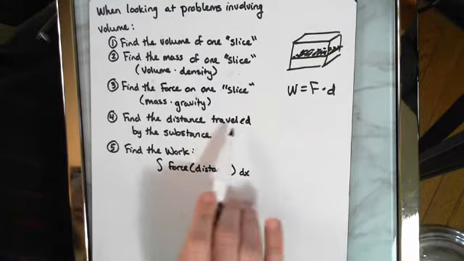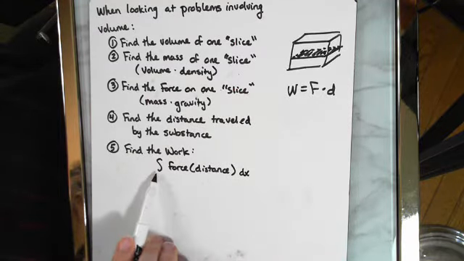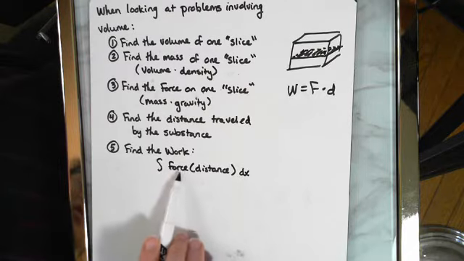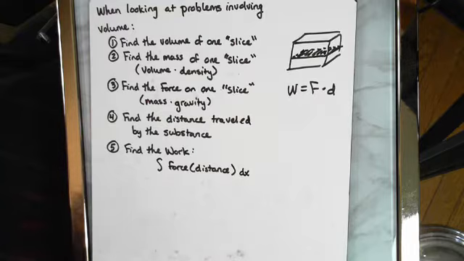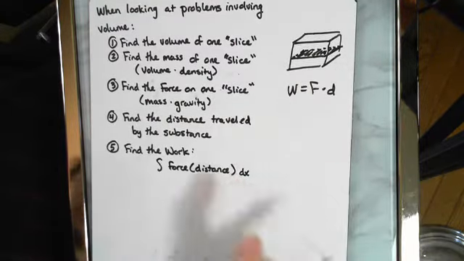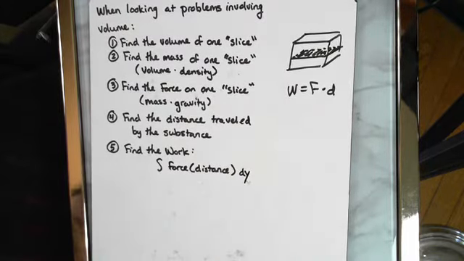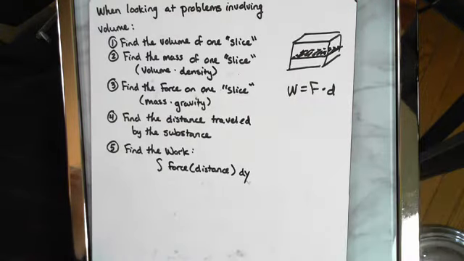So distance traveled by the substance, and then we're going to use our general integral: the integral from the lowest point to the highest point of our substance of force times distance dx. Now, a lot of times we're talking about a vertical distance, so instead of using dx, I'm going to use dy, and I'm going to use y as my variable, because a lot of times that distance is going to be a vertical distance.